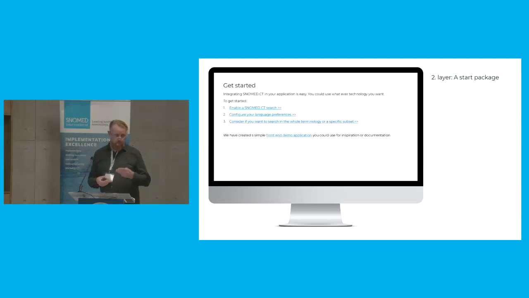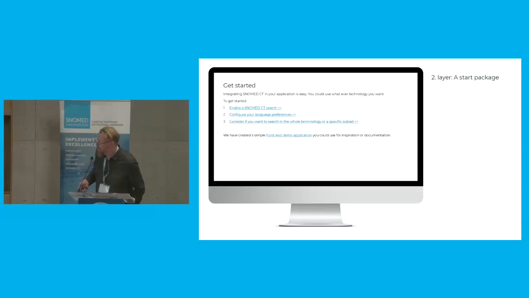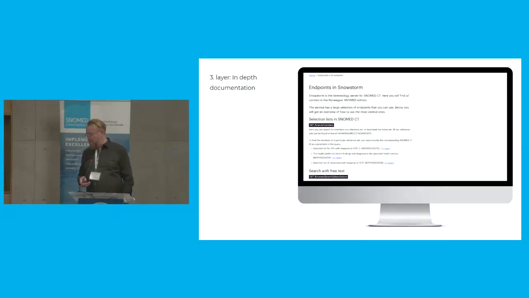In Norway, we have four different language reference sets, both New Norwegian and Northern Norwegian, but we also have a context-specific language reference set for GPs, which is a little bit simplified, so to speak. And the second is guiding the customer, the end user, to the right available subsets, value sets, and that kind of stuff.